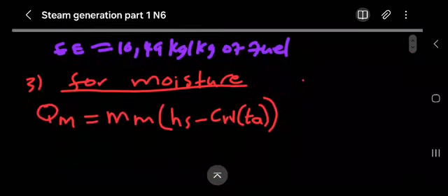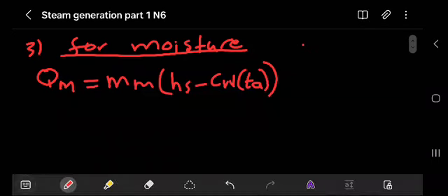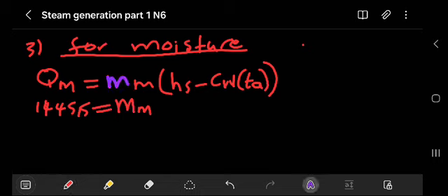We have that. All right, substitute what we have. 1445.5. We want the mass of the moisture. This is the mass of the moisture.